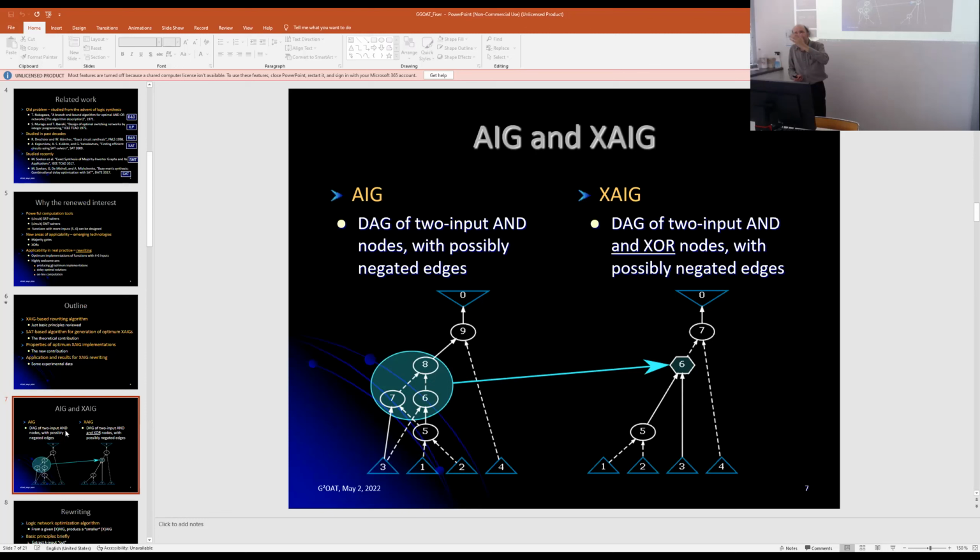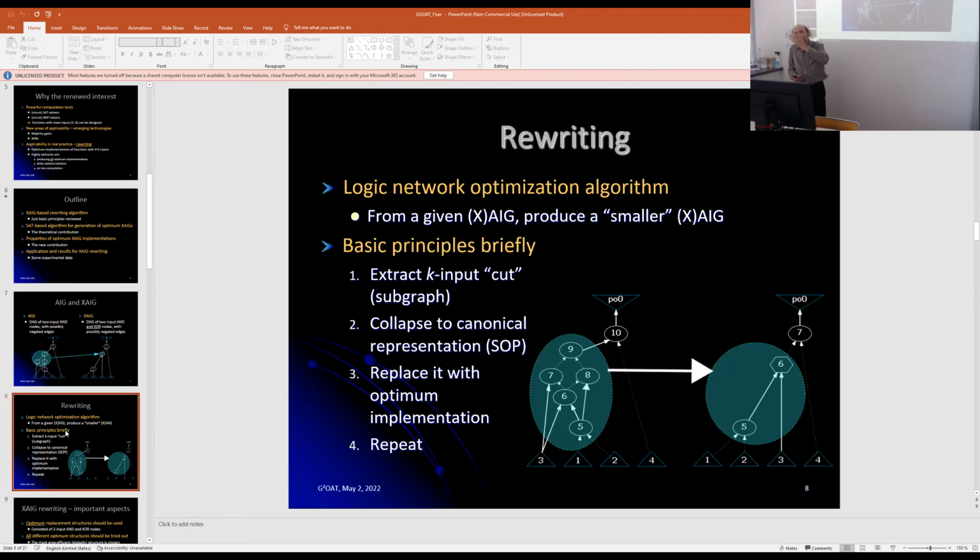This one multiplied by this one negated, plus, when you are using the De Morgan rules, negated, and this one negated multiplied by this one negated. So it's an XOR gate. You can simply substitute it by that. So that's rewriting.